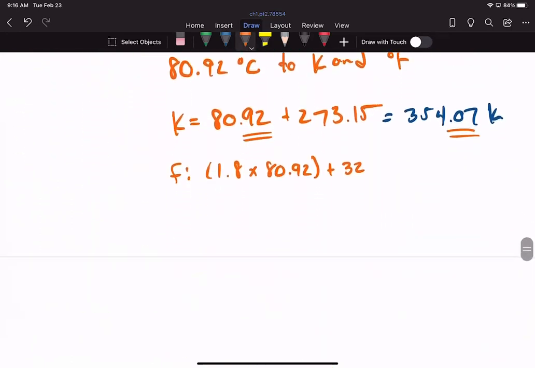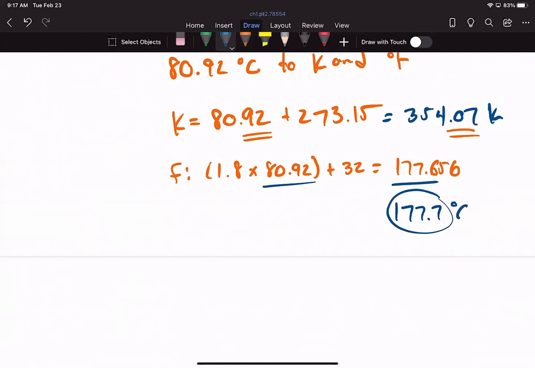So let's figure that out now. 1.8 times 80.92, and I get 177.656. But here, four significant figures, 177.7 degrees Fahrenheit.